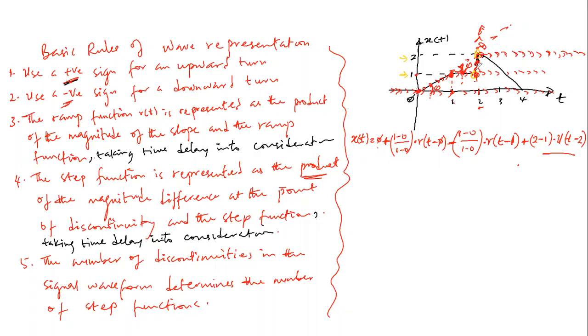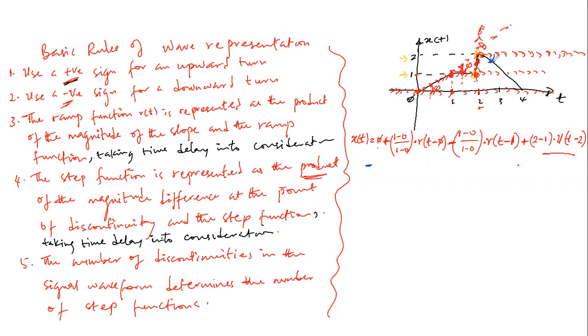And now, at this point, we have a single discontinuity here, and that gave us the step function. And now we have a ramp function going this way, and this is going to give us a downward turn. So that will give us a negative, minus.